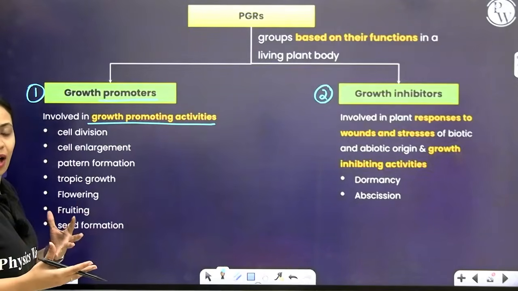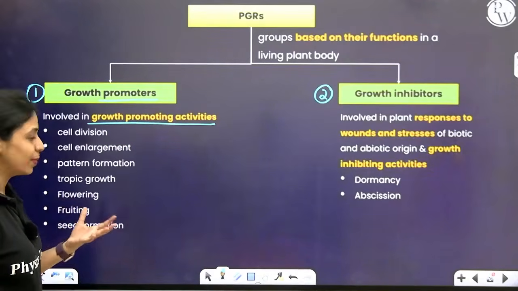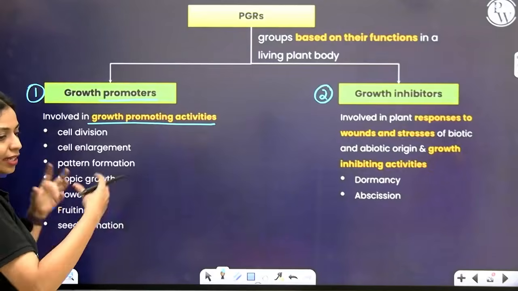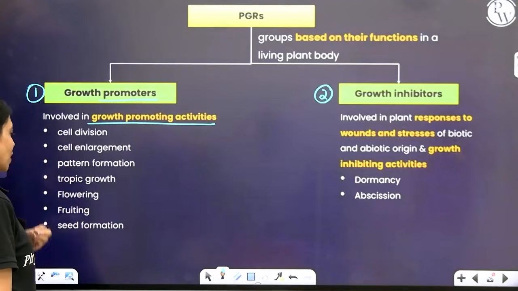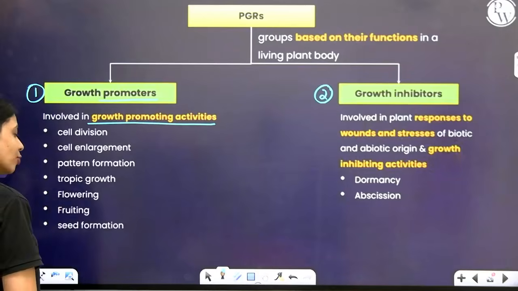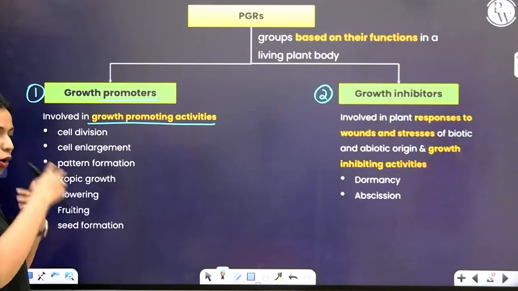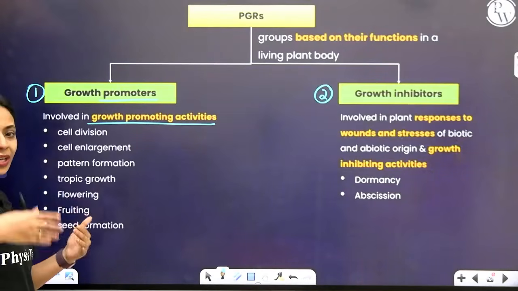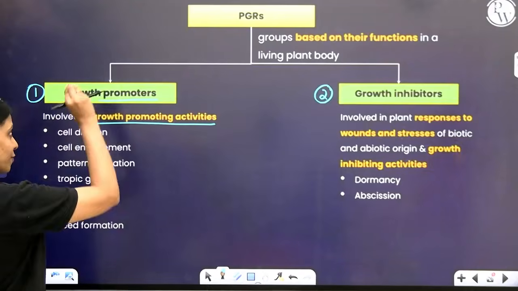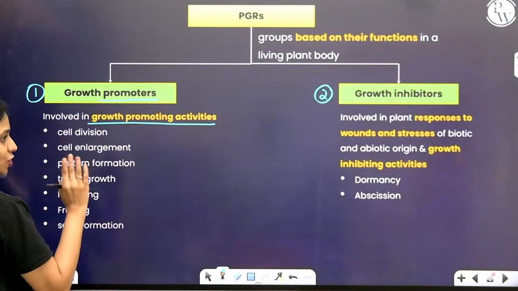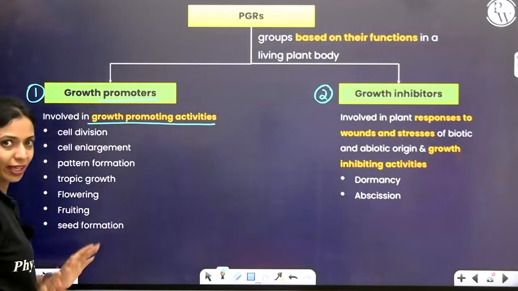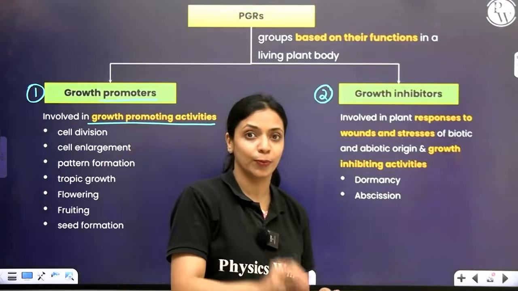If more cells are formed because of cell division, obviously there will be growth. Cell enlargement will contribute to growth. Pattern formation, tropic growth, formation of flowers, fruit, and seed formation, all of these are activities that are promoting growth and development. So if a hormone has an influence on any of these functions, then we call it a growth promoting hormone or a growth promoter.